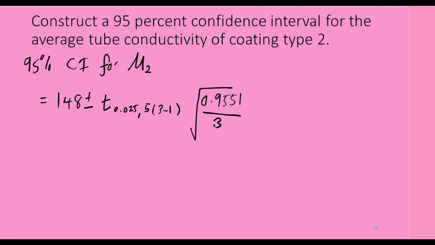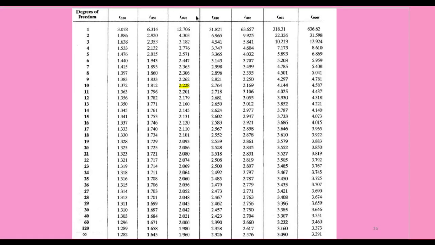Okay. So now our job is to find t 0.025. What is the degrees of freedom? 5 multiplied by 2, which is 10. So t 0.025, degrees of freedom 10, gives us 2.228.